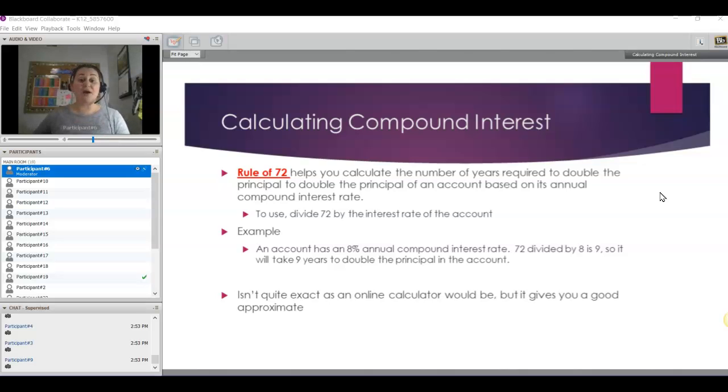What the rule of 72 says is that the number of years required to double the principal is based on the annual compound interest rate. So you divide 72 by the interest rate. When you divide 72 by the interest rate, do not put it into a decimal.